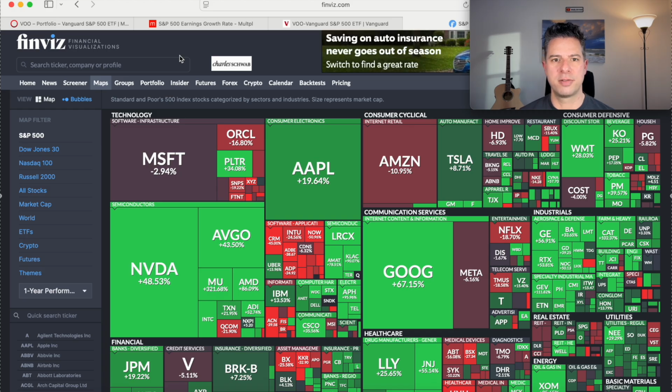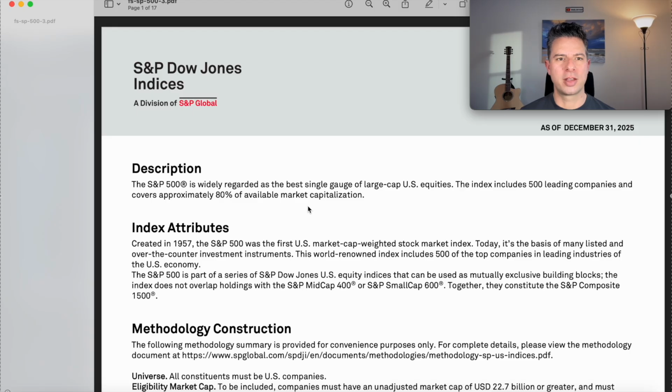So okay, here is a paper I downloaded from the SPGlobal website. S&P Global defined the S&P 500 index as well as other indices, and they give you a good paper that defines what it is. S&P is widely regarded as the single best gauge for U.S. large cap equities.